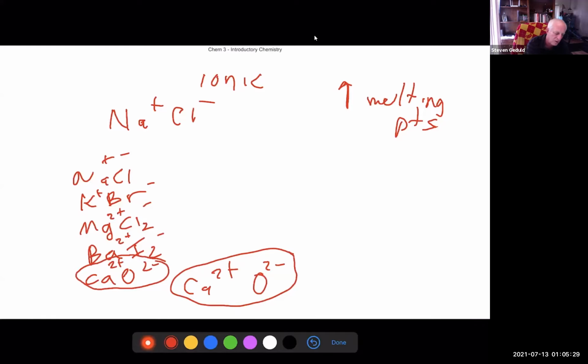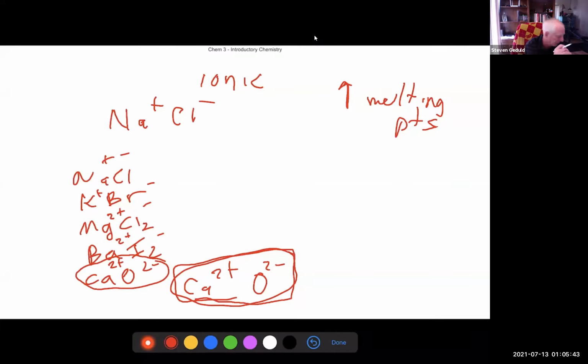So the hardest bond to pull apart, the highest melting point in this list, would be calcium oxide, because the charges holding it together make up that greater intramolecular force, where you have double the charges rather than sodium chloride, which is just single. So it's very hard to melt those substances.